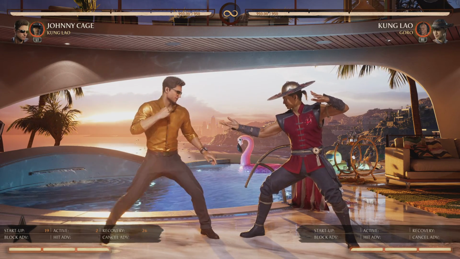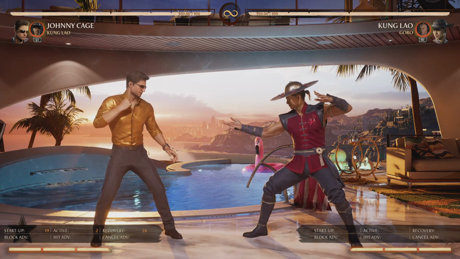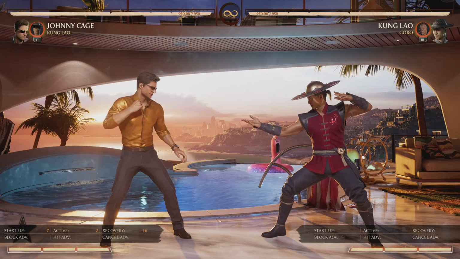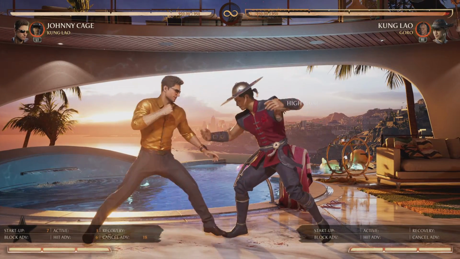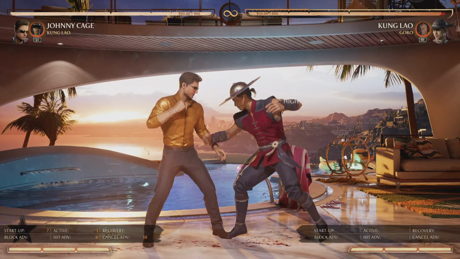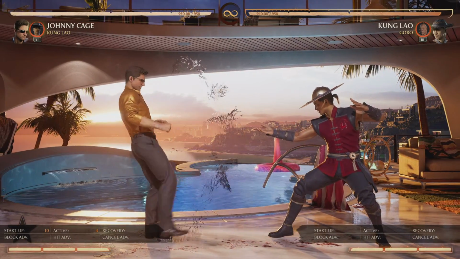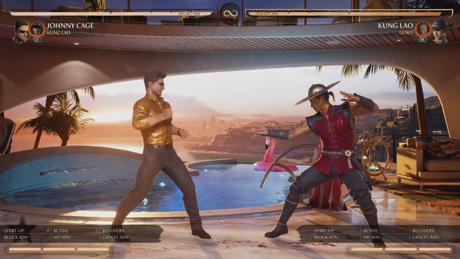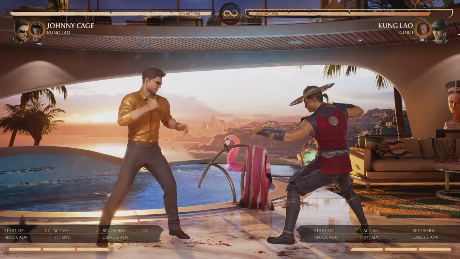Now the next tab is active. These are the active frames. This is how long the move's hitbox lingers on the screen. As you can see, the jab only has 2 active frames, which means there are only 2 frames where this will collide with the opponent. And in this game, the moves generally don't have a lot of active frames. If you throw this out, it's only active for 4 frames.